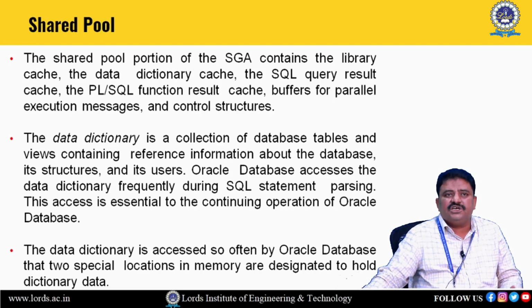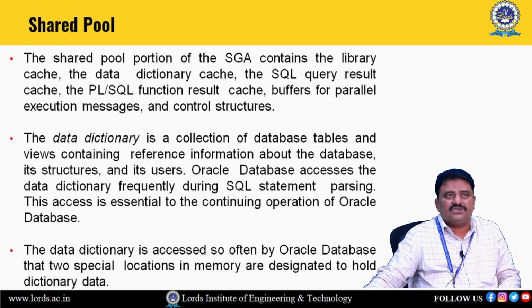This access is essential for the continuing operation of Oracle database. And the data dictionary is accessed so often by Oracle database that two special locations in memory are designated to hold the data dictionary. So as I told you, the shared pool basically has the library cache and the data dictionary cache, which can be shared by many different types of users who are accessing that particular data.